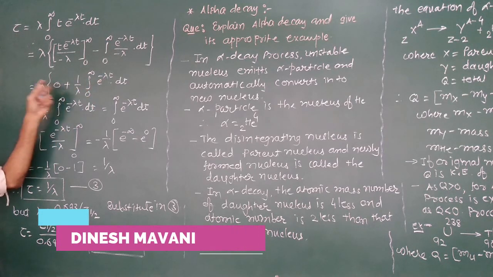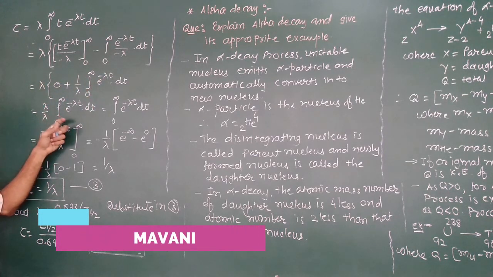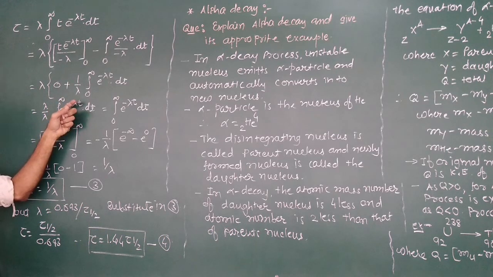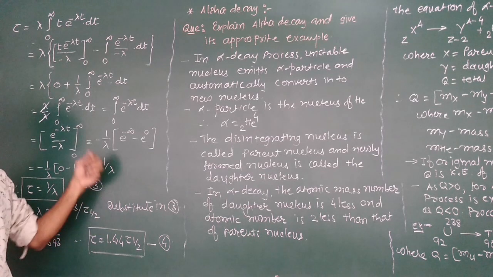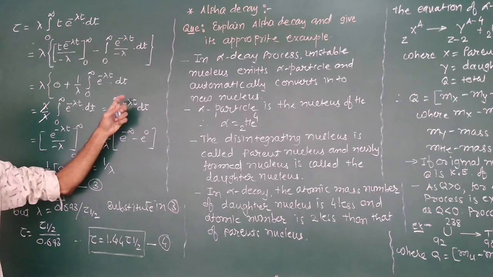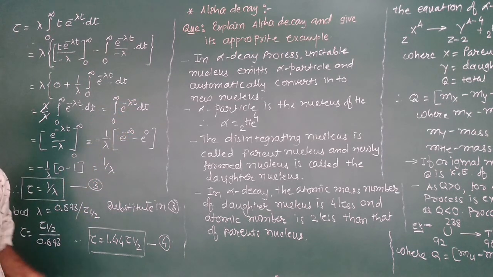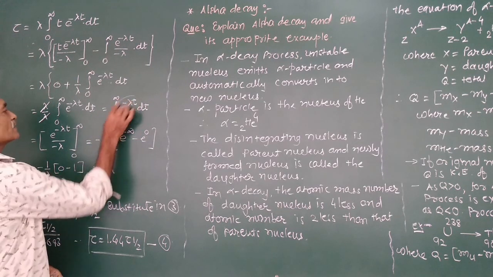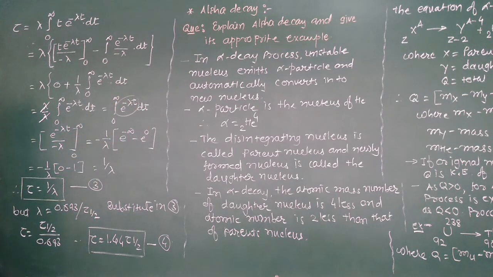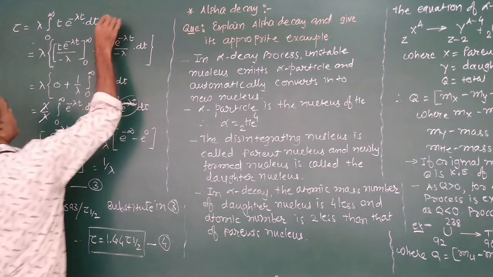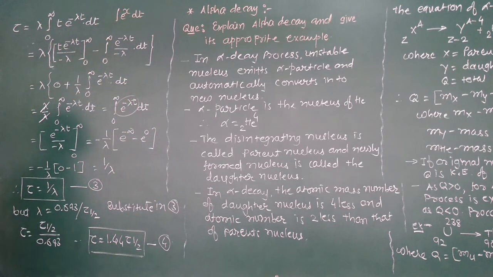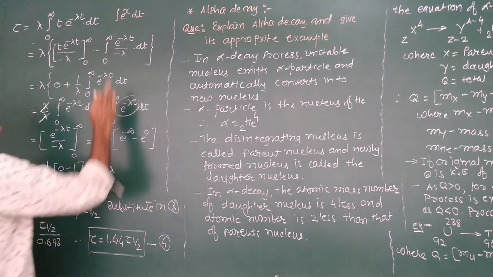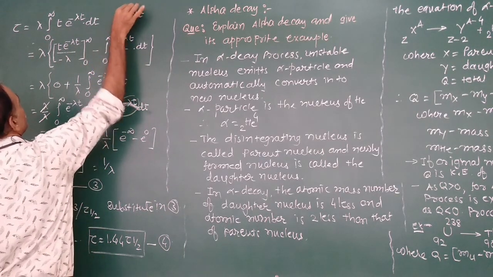Therefore, this lambda cancels, lambda upon lambda. So we have only the term integral 0 to infinity e^(-lambda t) into dt. Now integration of this term is the same as integration of e^x dx, or as we write e^(lambda t) into dt.